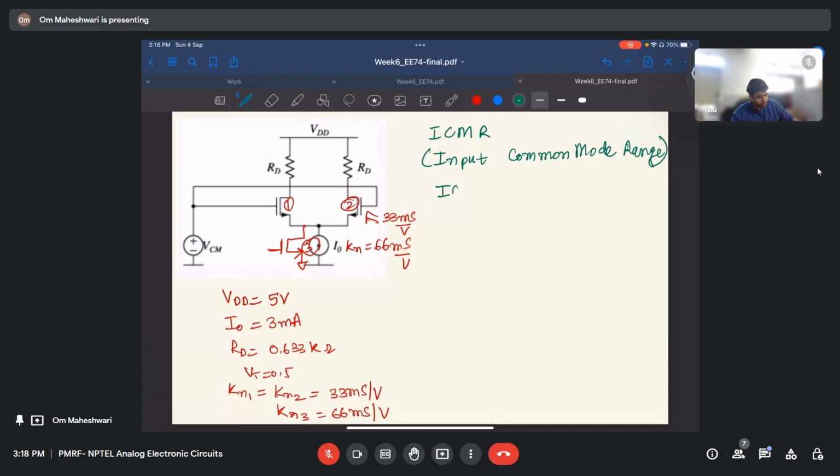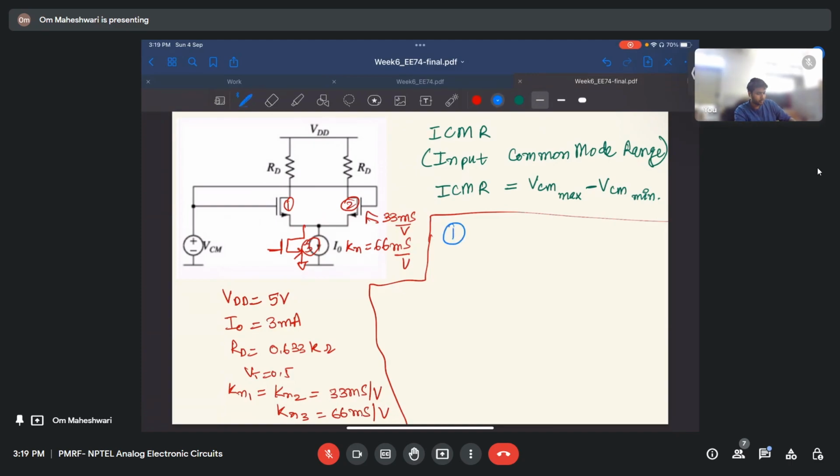So ICMR is given as VCM max minus VCM min. The task here is to find these two maximum and minimum values. Then we can find the ICMR. We will use the basic equations to find the conditions where the circuit remains in saturation. To find these, we have to apply two conditions.